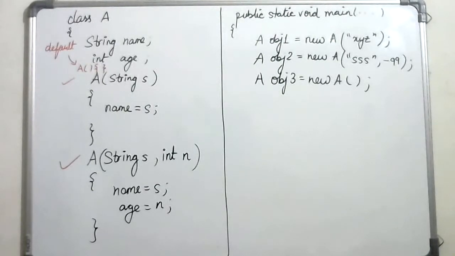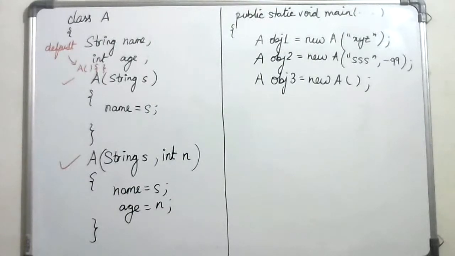If you call the constructor with one argument, then the constructor defined with one parameter is called. If you invoke the constructor with two arguments, the constructor correspondingly with two parameters is called. So that's simply how parameterized constructor overloading works.